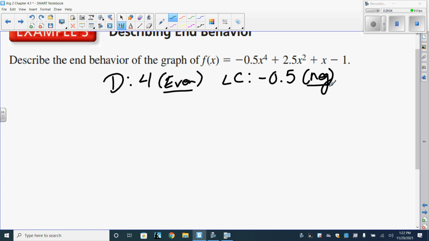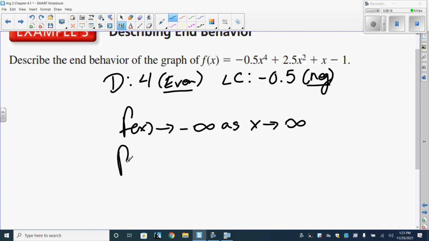So if I look at my chart, even and negative, we have this bottom one here. And what it's telling me is that f of x approaches negative infinity as x approaches infinity. And f of x approaches negative infinity as x approaches negative infinity. Yes? Any questions on this so far?